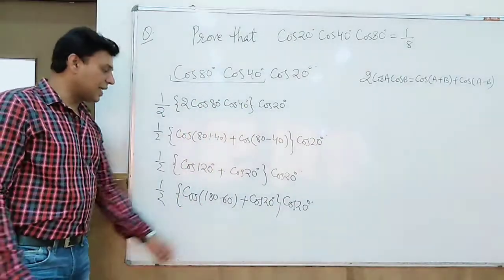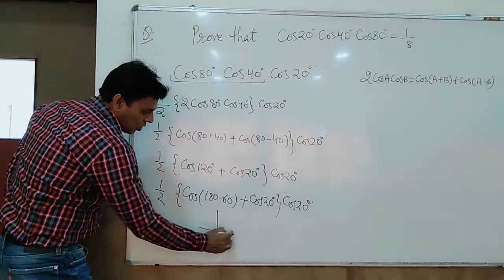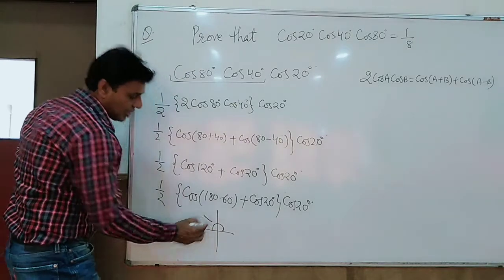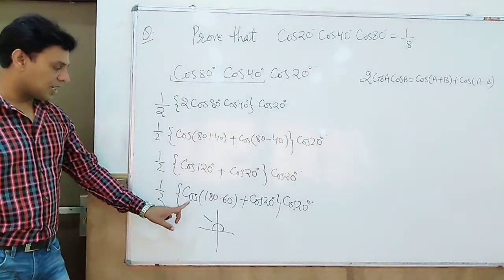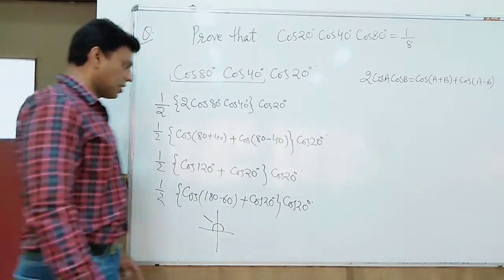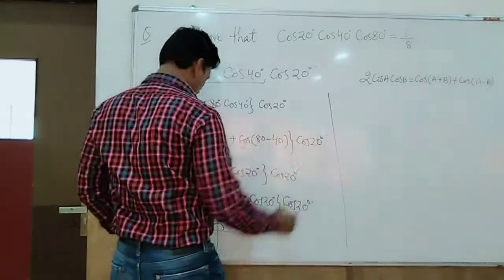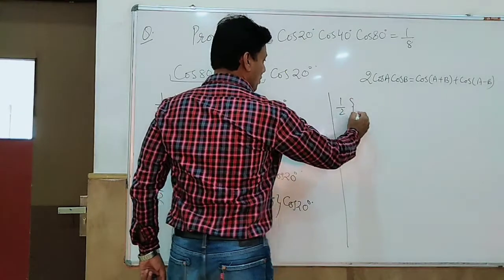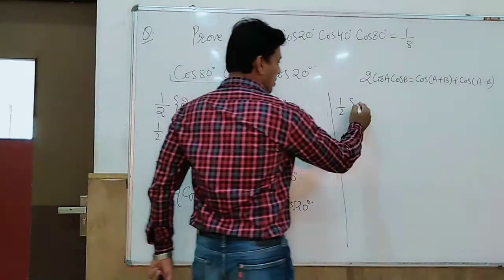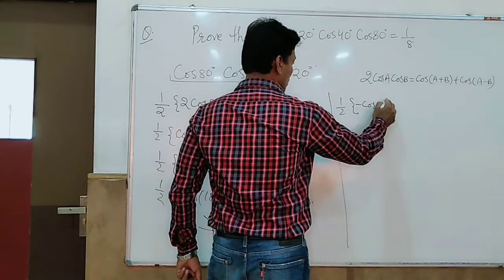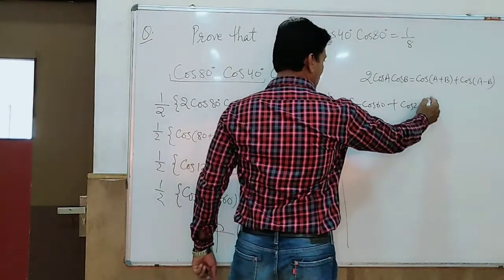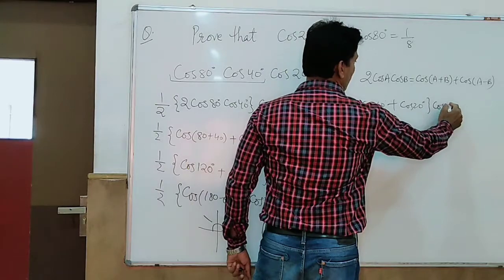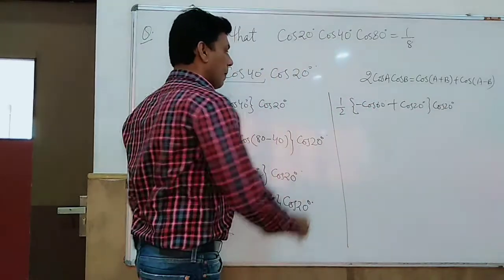So cos 180 minus theta is in the second quadrant, and cos is not positive there, so we will have minus cos 60. So half, that is minus cos 60 plus cos 20, and outside we are also having cos 20.